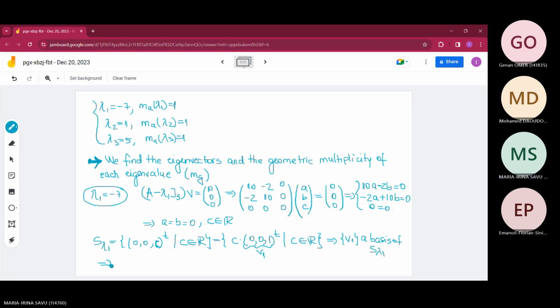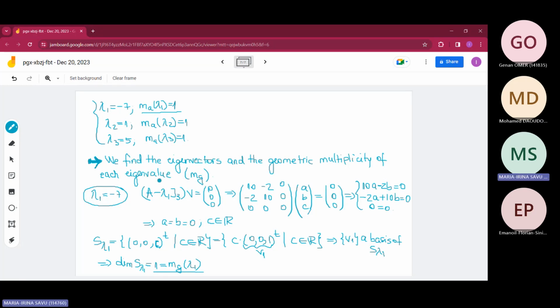So the dimension of S lambda 1 is 1, and this will be the geometric multiplicity of lambda 1, because the geometric multiplicity of lambda 1 is defined as the dimension of this space. Okay, so mg is 1. And you have that m is also 1, so it's fine. When they are equal, it means that you will have a diagonal form, so it's great.